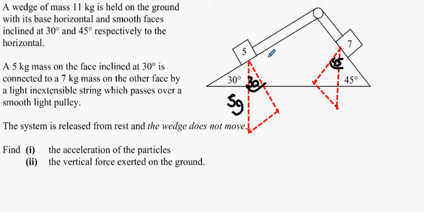This is going to be 5G cos 30, which we all should know is 5 root 3 over 2 G. The other one is 5G sine 30, which should simply be 5 over 2 G.